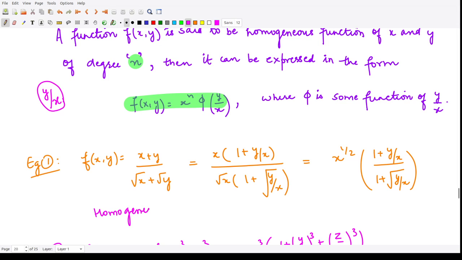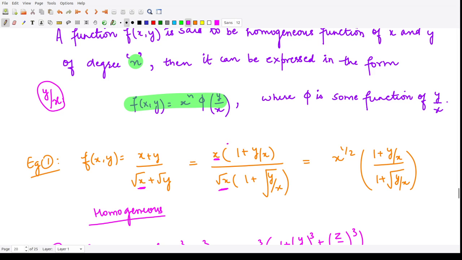Why? Because from the numerator you could take x common, so you could write this as x times (1 plus y by x), and from the denominator you could take square root x common, so it would be square root x times (1 plus square root of y by x).